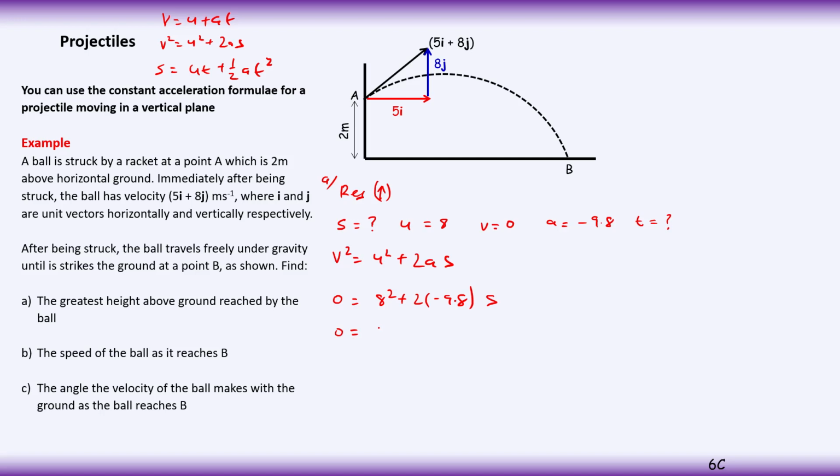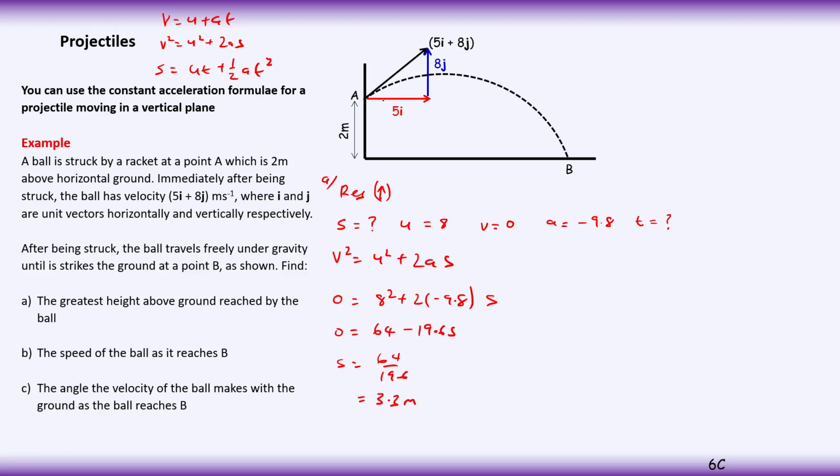So 0 is equal to 64 minus 19.6 S. Decimal point there. So S is equal to 64 divided by 19.6, which gives me 3.3 meters.